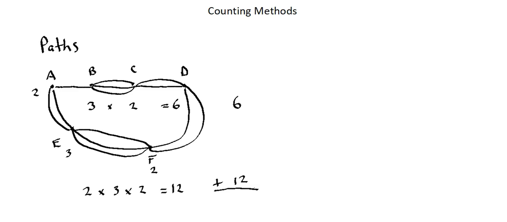And to arrive at the total number of paths given all scenarios, we're going to add 6 plus 12 to get 18. So notice that on the top route we've used multiplication to arrive at total paths. Same for the bottom route. And then we add those 2 results to arrive at the total paths possible in this scenario.